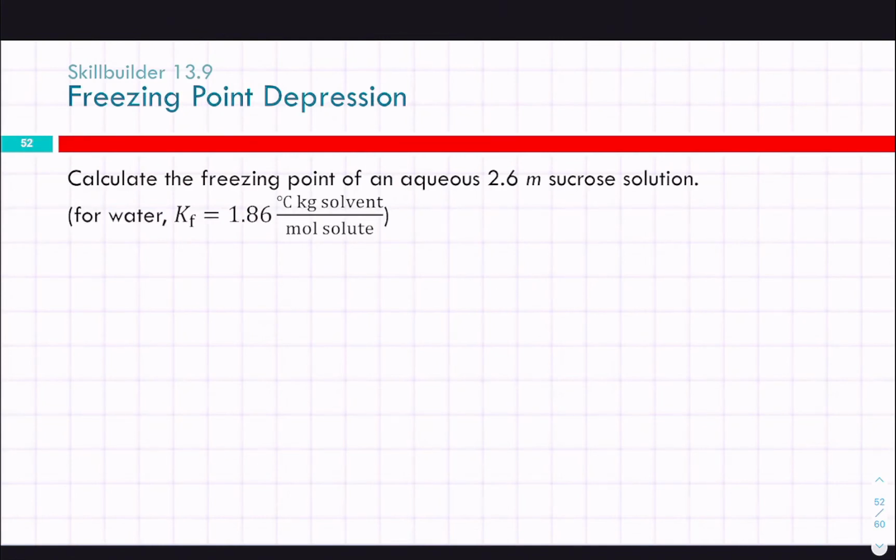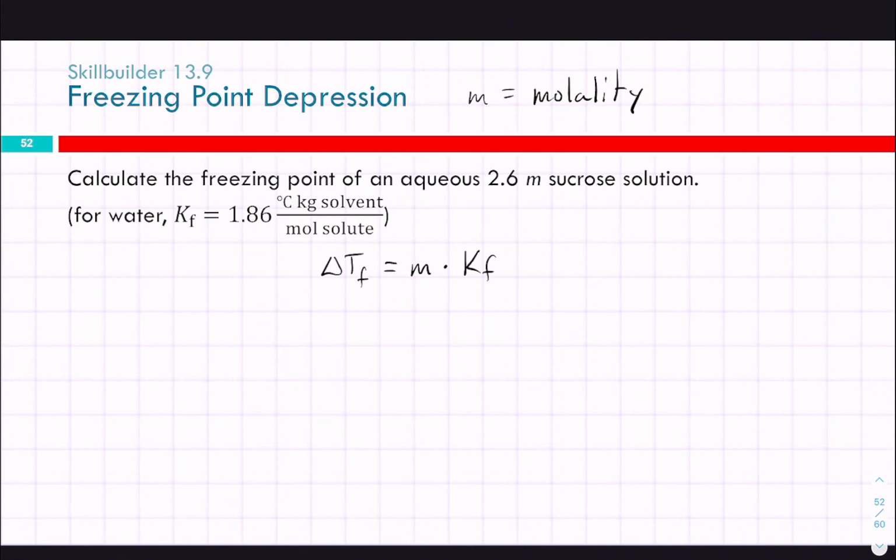So, if you want to calculate the freezing point depression, or the new freezing point, again, here's the equation, delta TF equals m, lowercase m is molality. And we're going to multiply that by the freezing point constant for whatever our solution is. The only other thing that might be of mild interest is that the units for the freezing point constant are just the opposite of molality, plus there's a degree C in there.